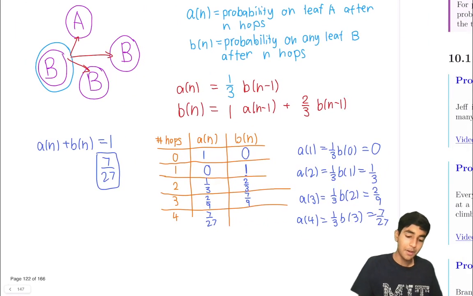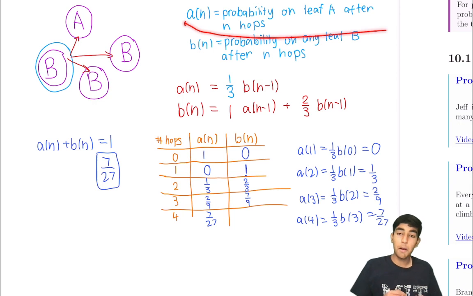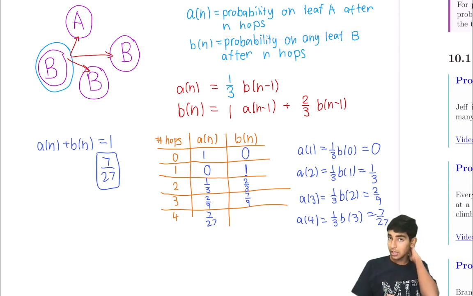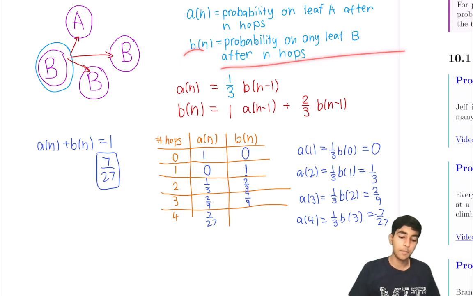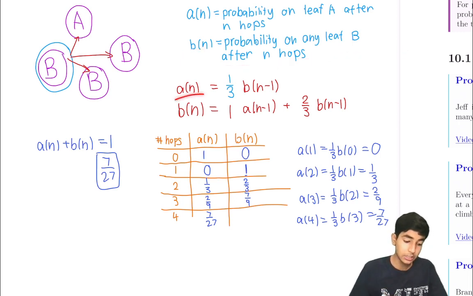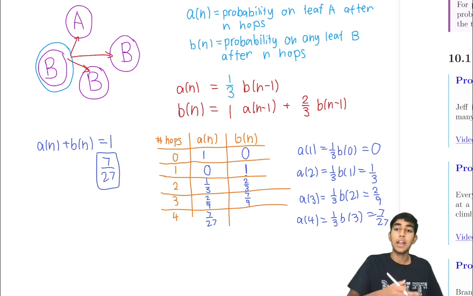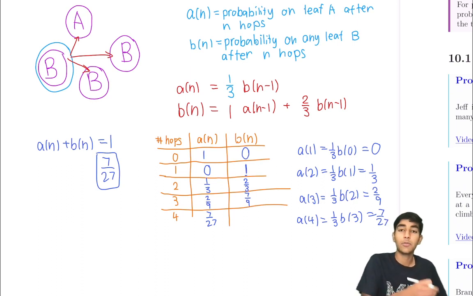So the solution, let's quickly recap. We defined A of n to be the probability it will be on the original leaf after n hops, and B of n on any other leaf after n hops. And then we came up with this recursion by considering the different cases. So we considered the different ways we can get to A after n hops. And we found that you can only get to A from a B leaf if the cricket is on a B leaf after n minus 1 hops.